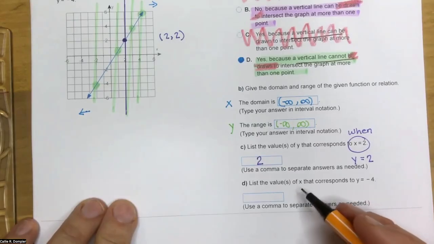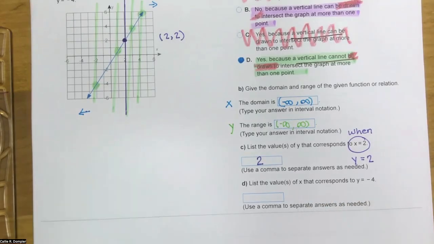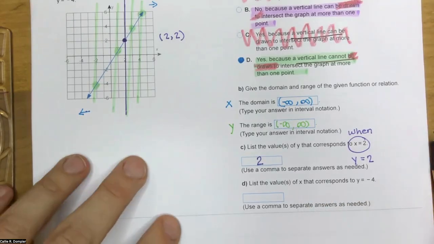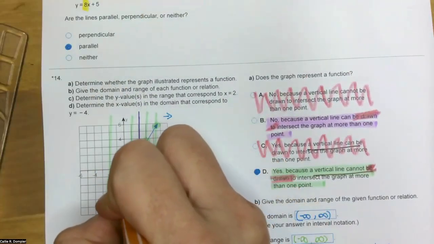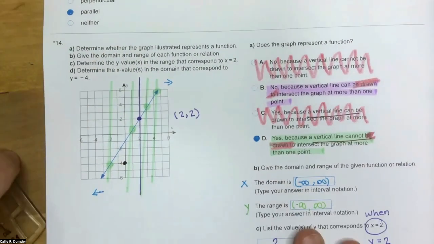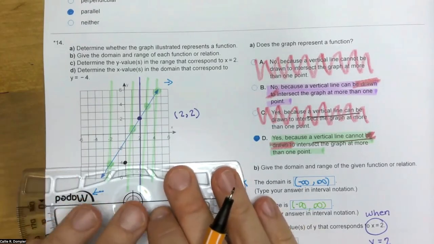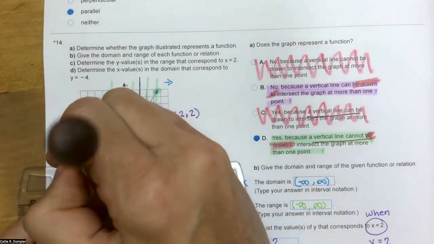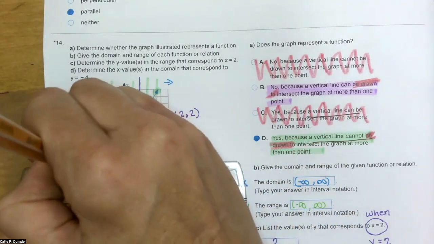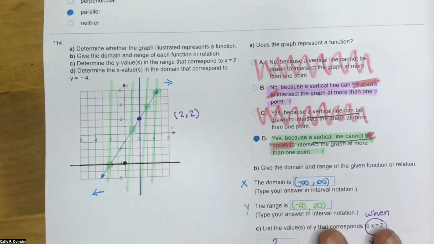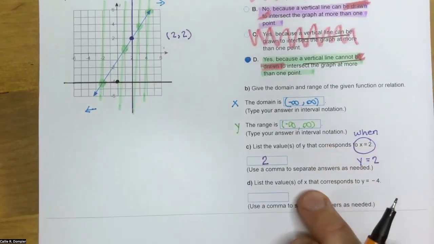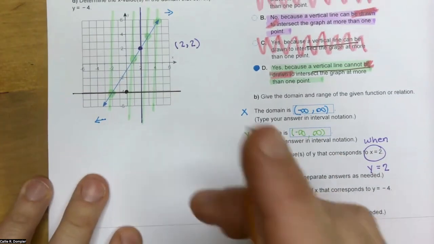Now find the values of x that correspond to y equals negative 4. So when y is equal to negative 4, that's this whole line, this whole line of y equals negative 4. Where does it touch the graph?